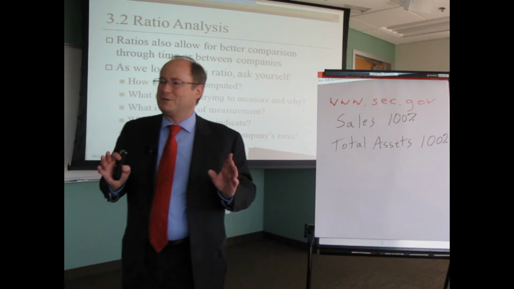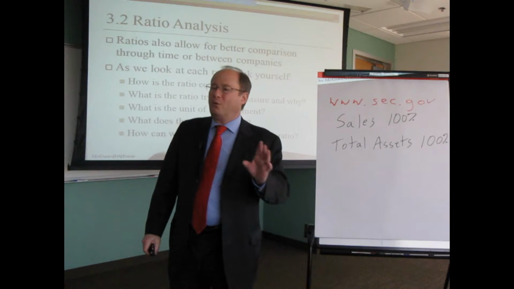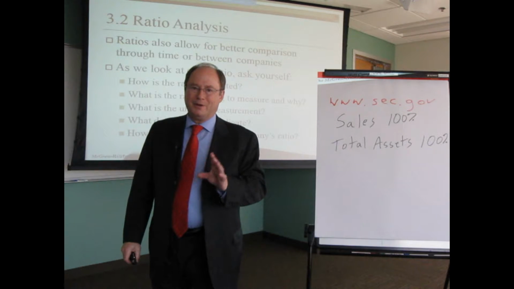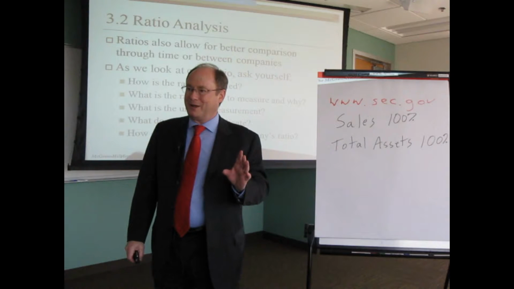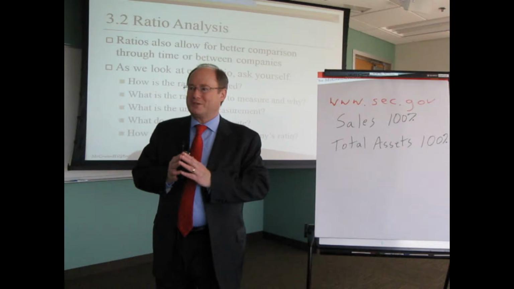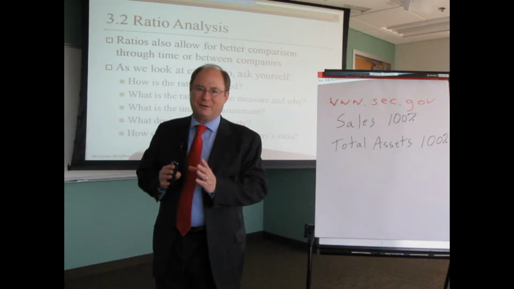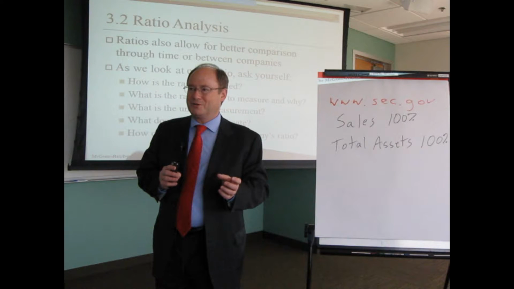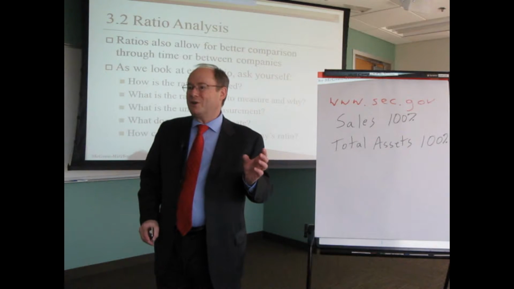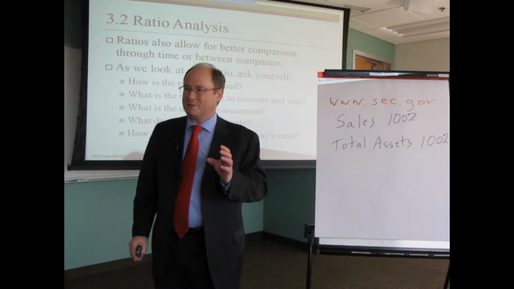Before we get into ratios, let me just underscore one thing. If you do a one-year look forward for the company that you're analyzing, be sure to start with sales. Sales is kind of a driver for a lot of stuff, including costs of goods sold. Selling, general, and administrative expenses are somewhat fixed, or at least a portion of them is fixed.